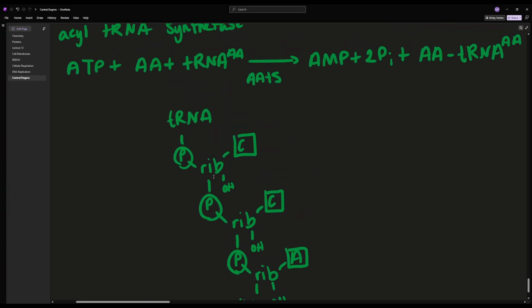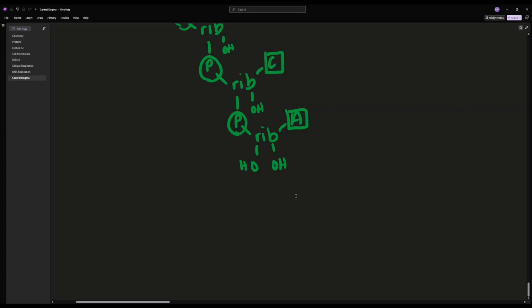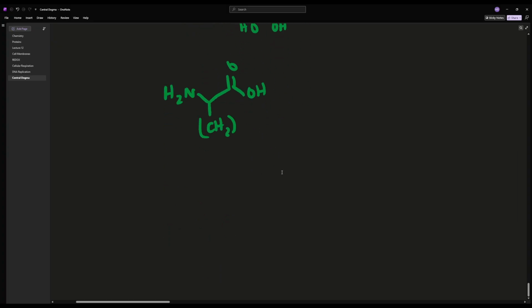Let's say for fun, let's just do methionine. So this is the tRNA for methionine, and we're looking at its 3' end. If we draw out methionine, it's 2 CH2 groups followed by an SCH3.